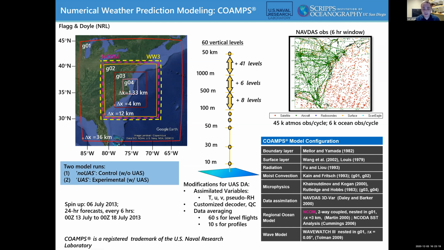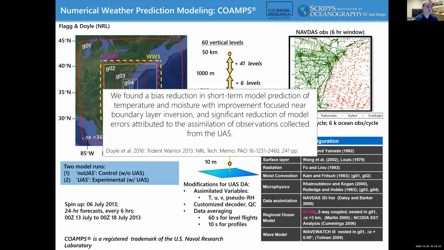In a nutshell, without getting into the detail here, what it shows is that there was significant improvement in short-term and mid-term predictability once you start using UAS data in those simulations.